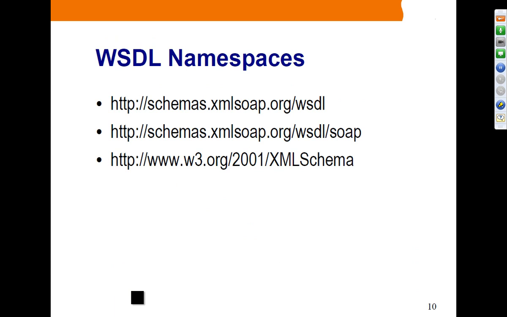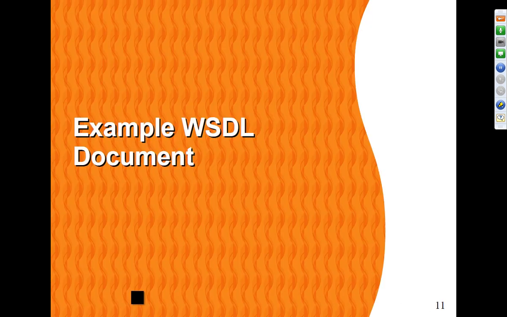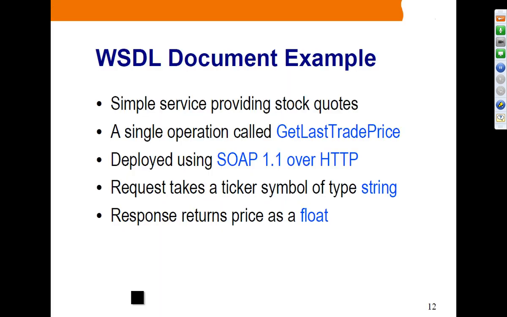So these are the WSDL namespaces, the namespaces defined in the WSDL specification. Now we are going to learn the WSDL XML vocabulary, those types, message, service, binding, port, using a very simple web service description document. The web service that we want to describe using WSDL is a stock quote service.